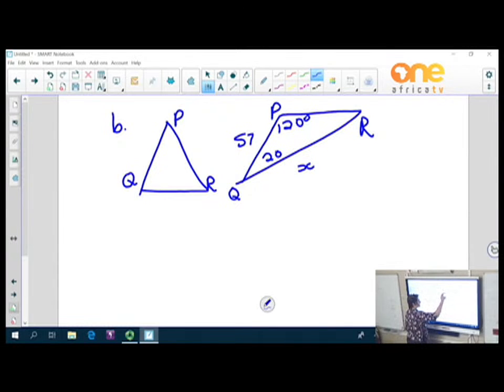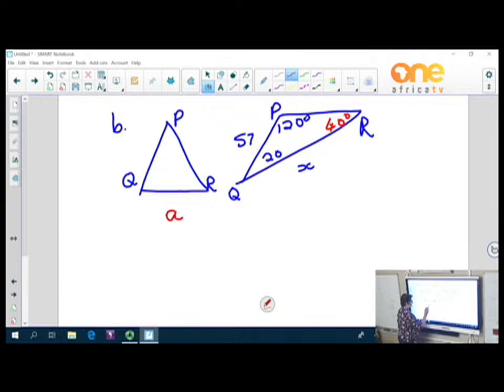Opposite sides, opposite angles. No, because I actually need this angle. Can you see? I've got that side, but I need that angle there. It must be opposite. But we can easily calculate it in here, and we know then that R is going to be 40 degrees. So now I can use my sine rule.